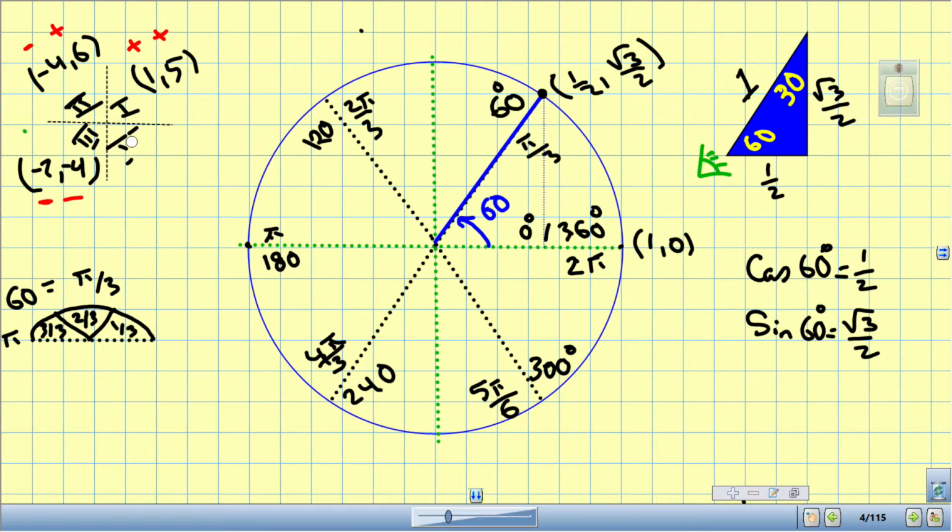Which is quadrant 4. Pick any point that you like. Okay, I see only 2 of you. I need more. We need to see more of that. Need a point in the fourth quadrant. This is going to help you determine the exact sign, whether it is positive or negative, when it comes down to the actual unit circle. We're going to have to walk around the unit circle, so don't forget that we're going to do that in a second.